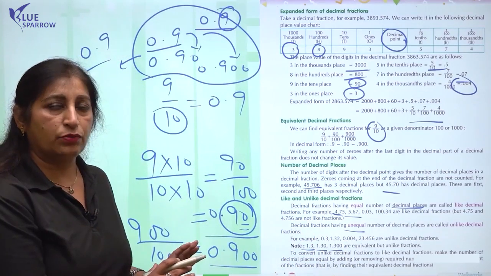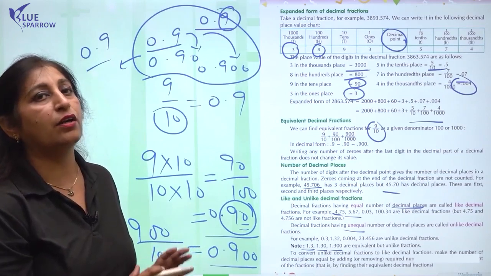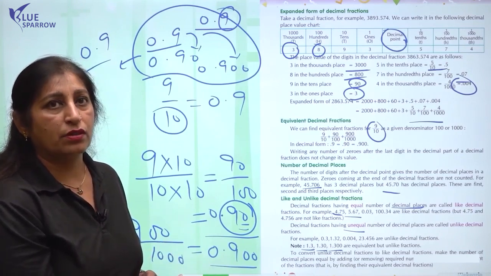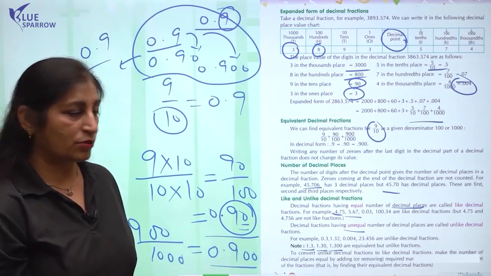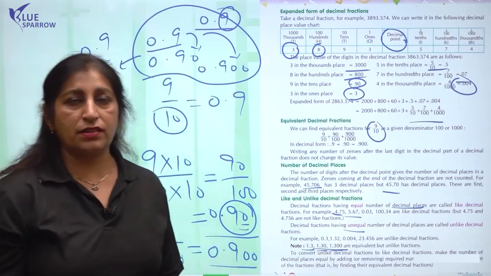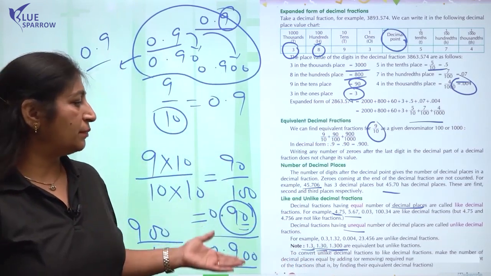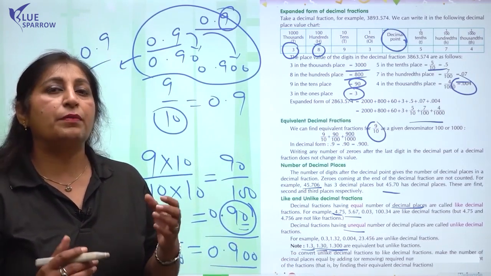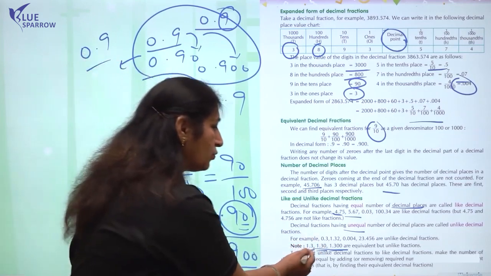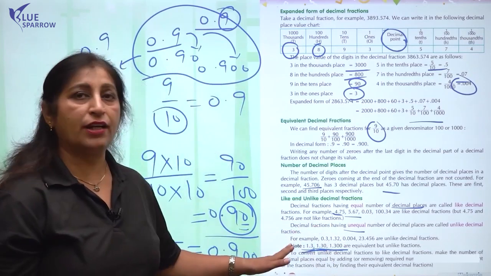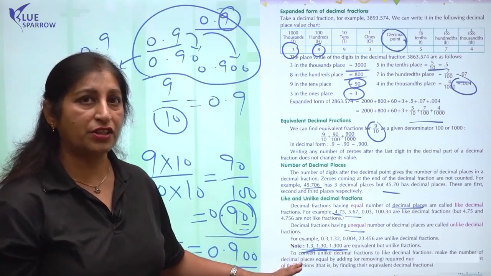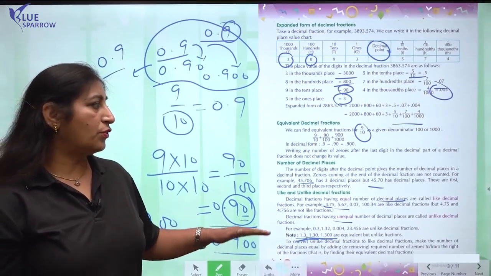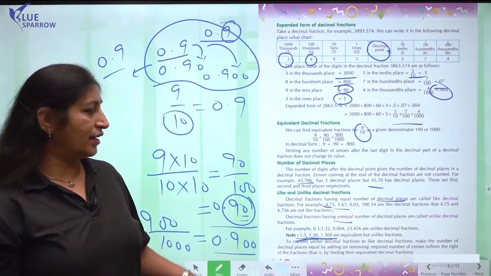They have the same value, which means they are equivalent, but they are not like fractions because they have different numbers of decimal places. So they are called unlike decimal fractions. There is a difference between equivalent fractions and like and unlike fractions. If they have the same value, they are equivalent, but they are not like fractions because they have different numbers of decimal places. This is how you can understand the concept of like and unlike decimal fractions.